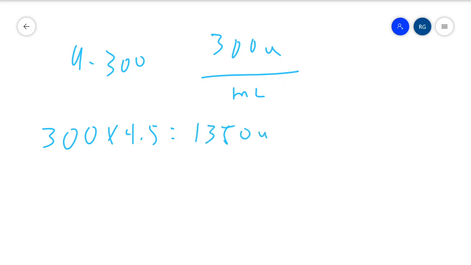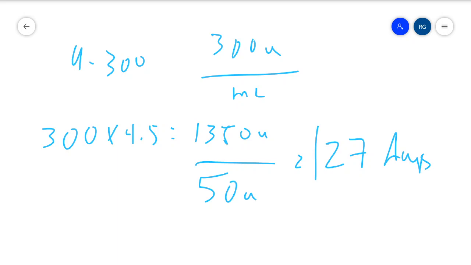That's the total units we have. We're going to inject 50 units subcutaneous daily, so we divide by 50, which gives us 27 days. We check if Toujeo is good for 27 days on the table. We discard after 42 days, so 27 days is good.